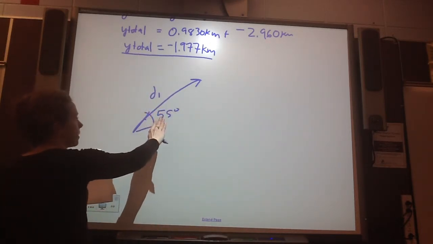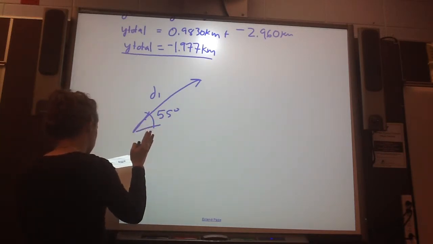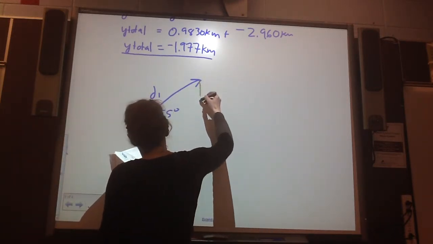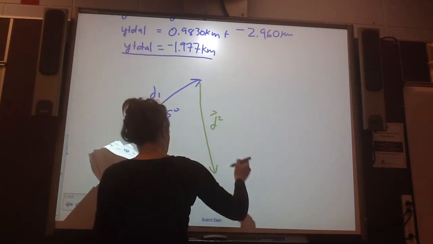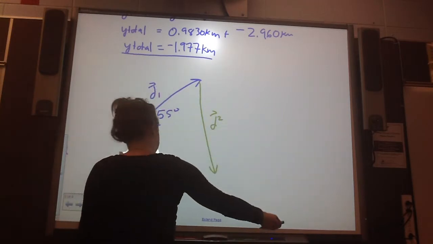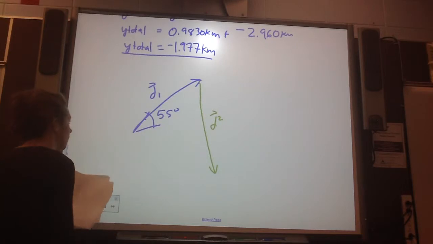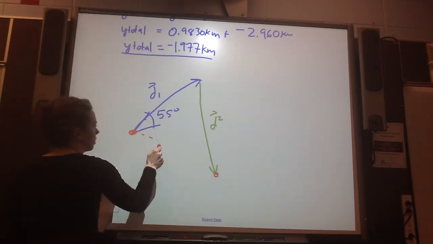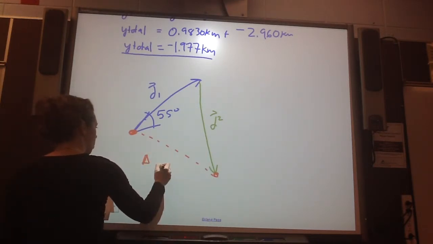My overall displacement of my first vector was 55 degrees in that direction. Then my overall second displacement was in my more southern direction. So what I'm trying to find out is going from start to finish. This is my overall displacement. That's my question.